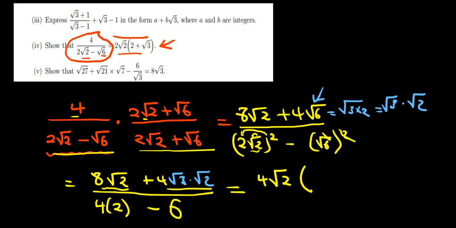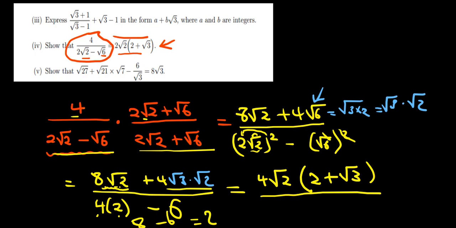Here we are going to remain with 2 plus, there we're going to remain with root of 3, and then divided by, in the denominator there, we're going to have 4 multiplied by 2, which is 8, and then minus 6, which will just be 2. So we are dividing all this expression by 2.